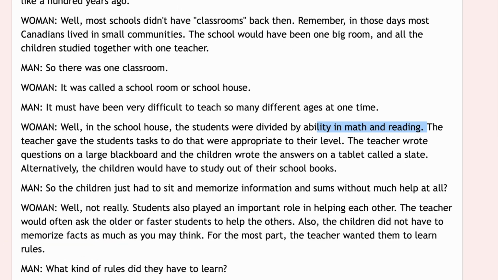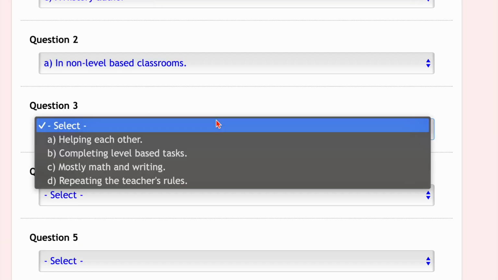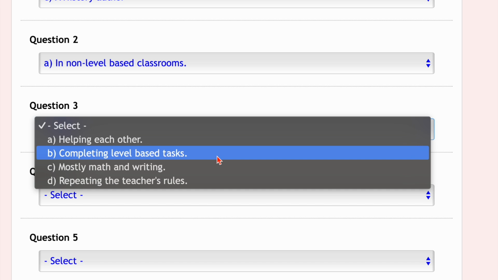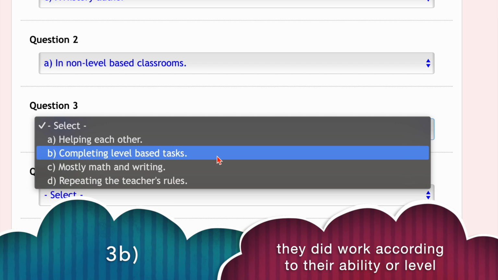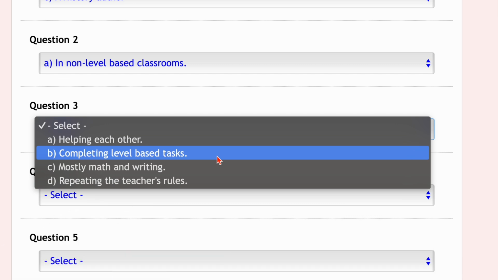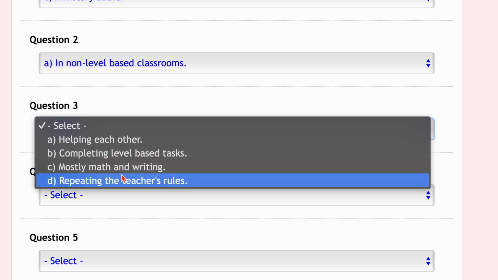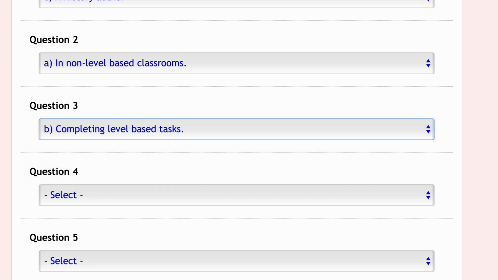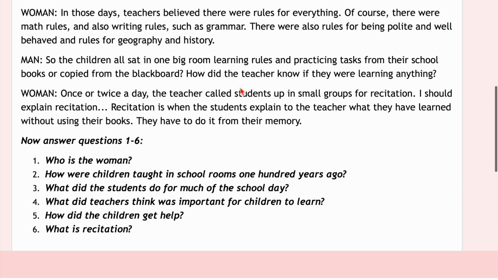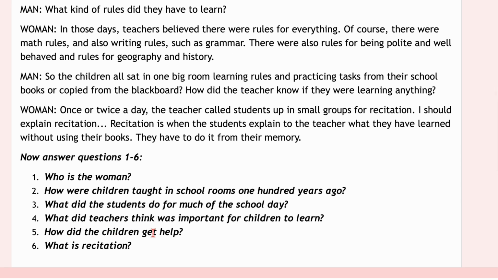So looks like the answer here is B. Completing level-based tasks or work according to their level. Okay? Now, they did learn mostly math and writing, but it was mostly according to their level. What about number 4? What did teachers think was appropriate for children to learn?